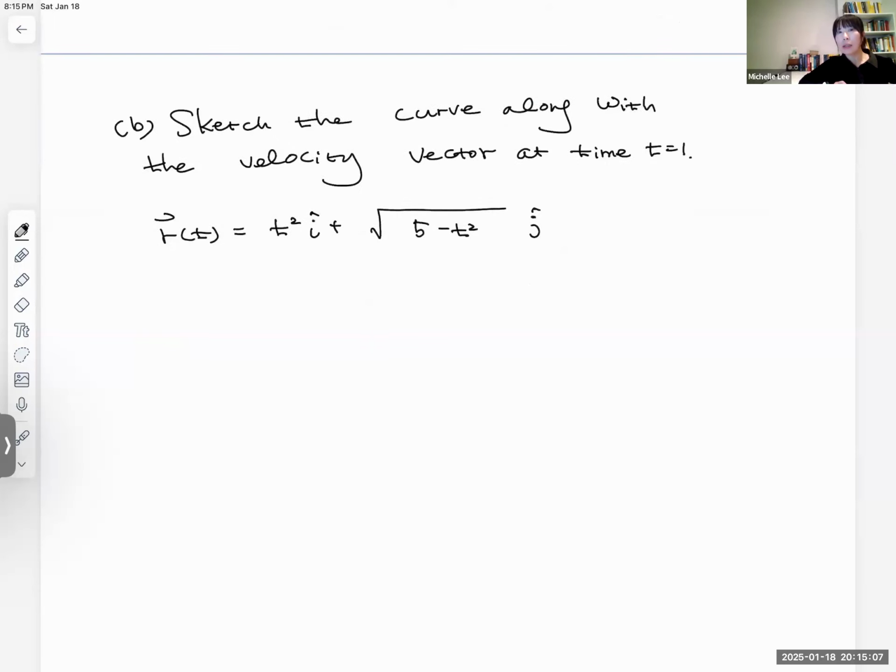So let's find out this vector function first.